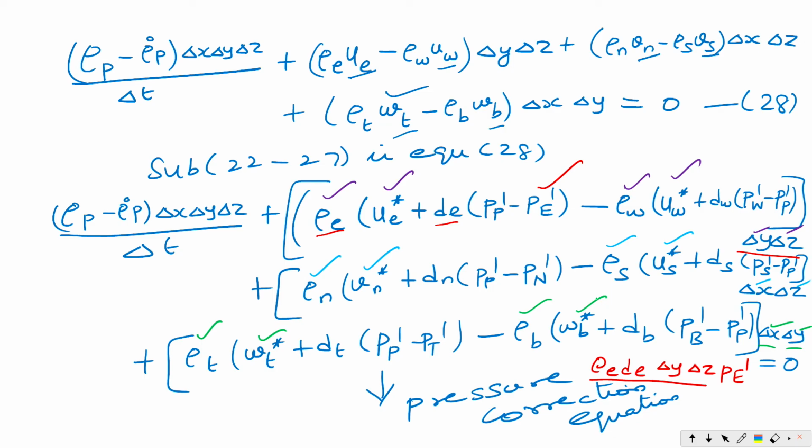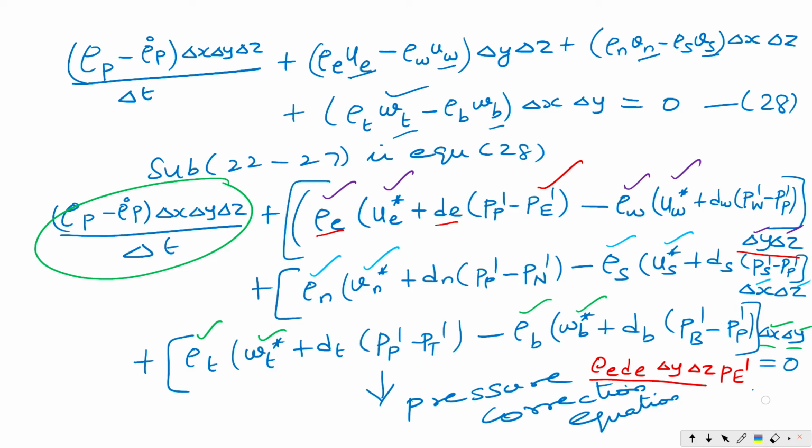So now my question is, what is the term which is left alone here? Can you see this equation? This term is also already taken care of. This term is also already taken to the right hand side. So almost all terms are taken. Which is the only term left in the left hand side? Yeah, it is Pp dash.